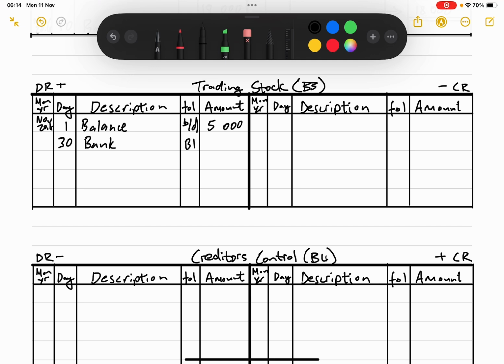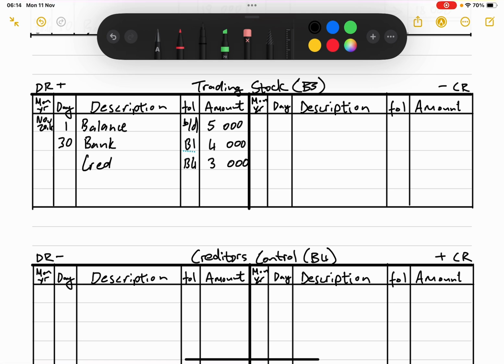So now let's say that during the month it was 4,000 Rand. Then you go to your CJ, your creditors journal, you check the trading stock column. Let's say they bought 3,000 Rand on credit this month.